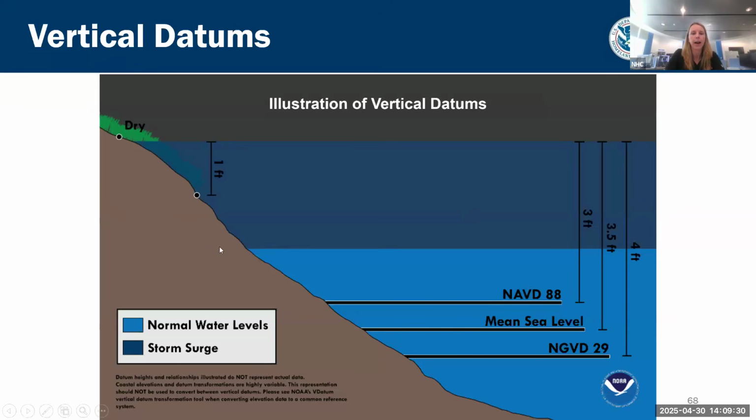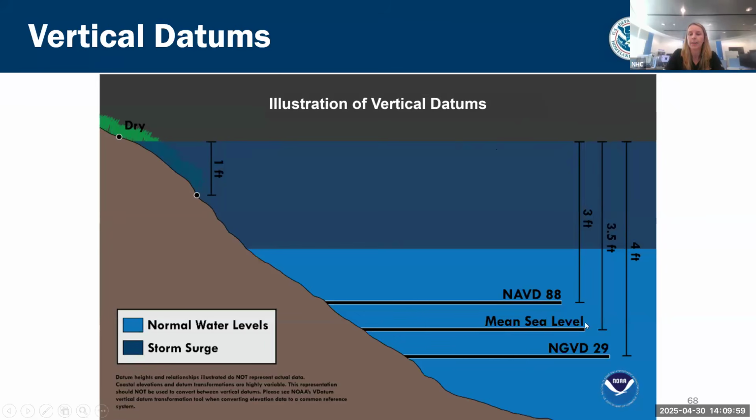So here you have your lighter blue color is your normal water level. And if a storm were to come in and you had storm surge, your water level raises to this darker blue. So this gray is your sky. So how are we going to describe this storm surge water level? Like, where do you start counting from? Well, that's where your vertical datum comes into account.